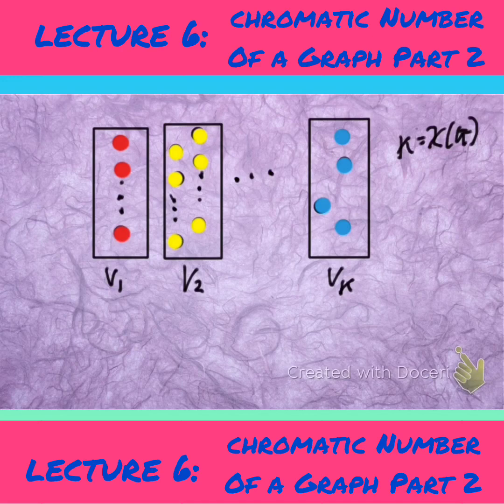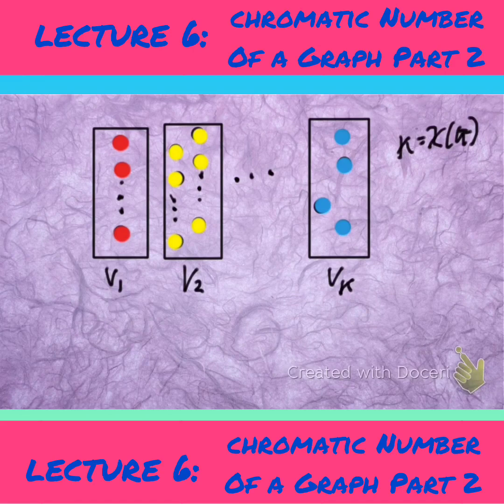Each one of these sets is independent, by the definition of colorings or chromatic number. So I cannot have an edge there, I cannot have edges between vertices there.